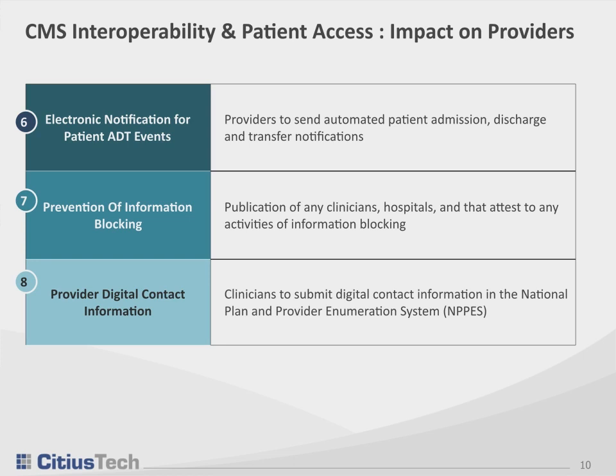Okay, and the last one is around the provider digital contact information, which again asks all the providers to maintain their contact information on the National Plan and Provider Enumeration System. That is the online system where their digital information should be. And again, failing to do so, they will again be part of the Hall of Shame. Their name would be listed on the CMS portal.